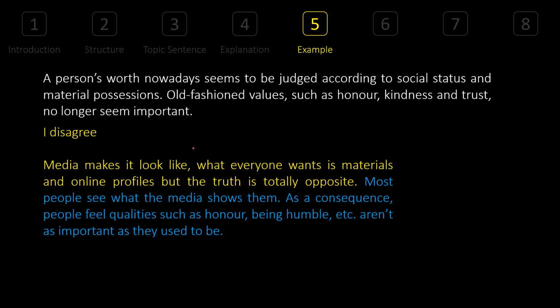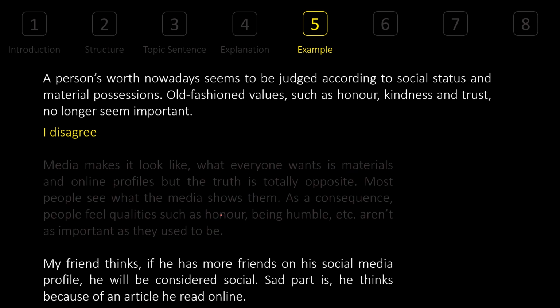Same here with the same question. We have the first statement, that is topic statement. Then we explain the topic statement, which we have seen in the first and second part of a body paragraph. The third sentence is this one, which is an example. My friend thinks if he has more friends on his social media profile, he will be considered social.